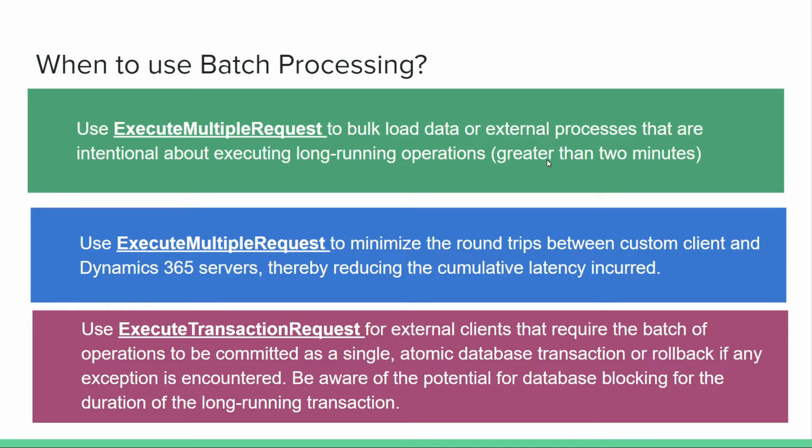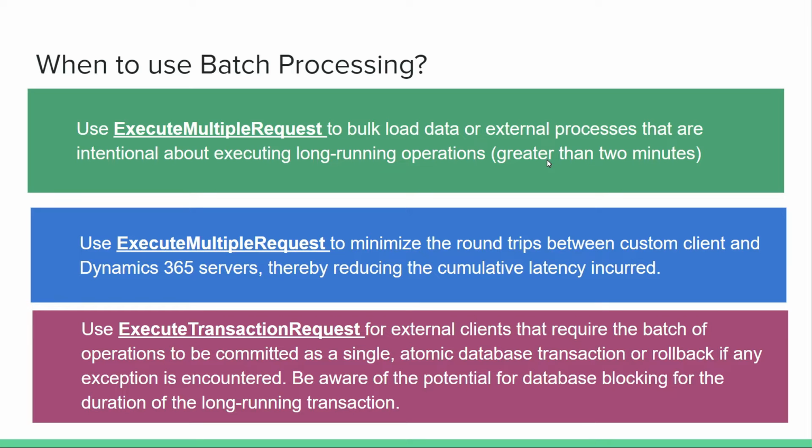Next is execute transaction request. When you can use execute transaction request, it is used only for external clients that require the batch processing or batch operation to be committed as a single atomic transaction. But a plugin is always running under one atomic transaction. If anything happens in the plugin, it rolls back, right? If any error.